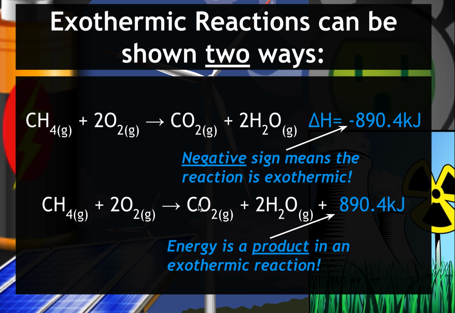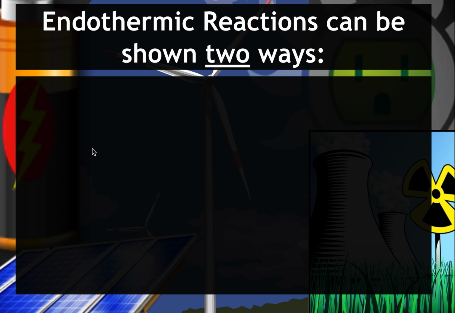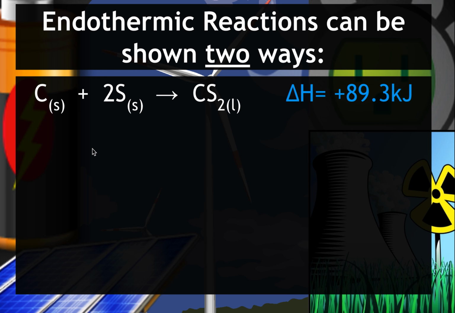In an exothermic reaction, energy is a product. So we could think about this as being these products plus energy that's being released. An endothermic reaction can be shown in two ways also.